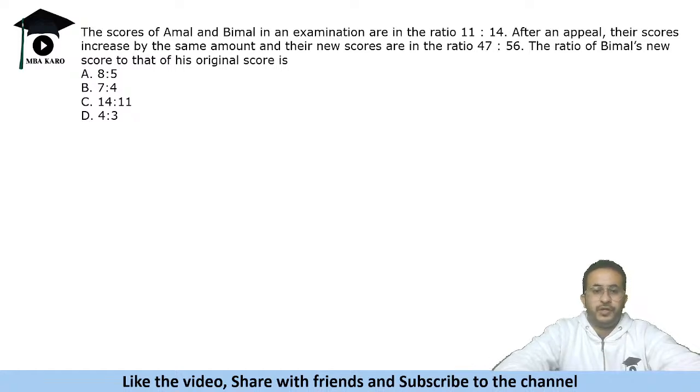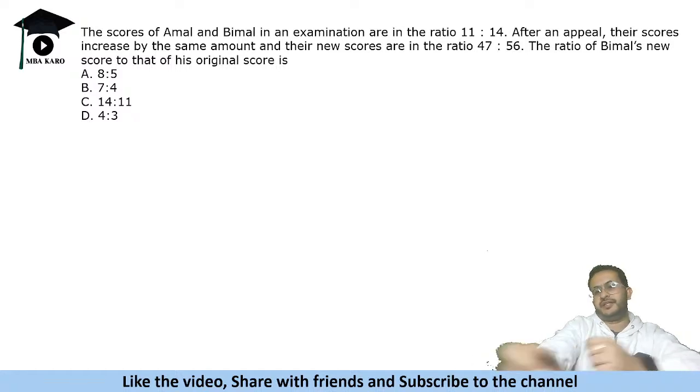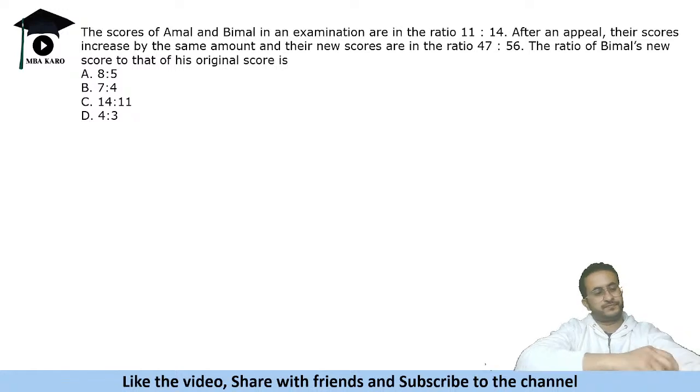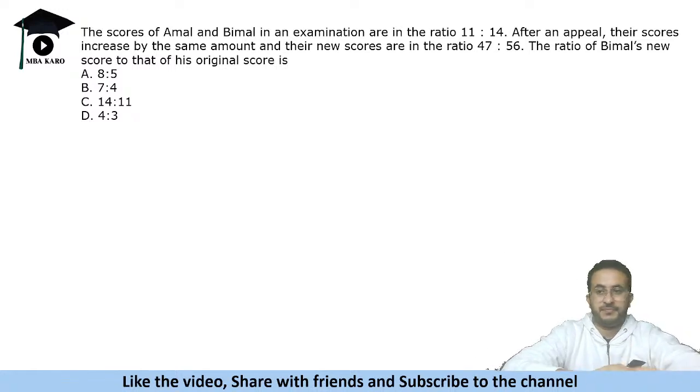So two people got marks in the ratio 11:14, and after an appeal, the scores increased by the same number.